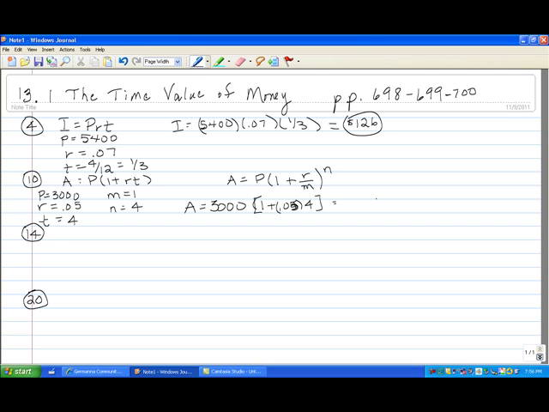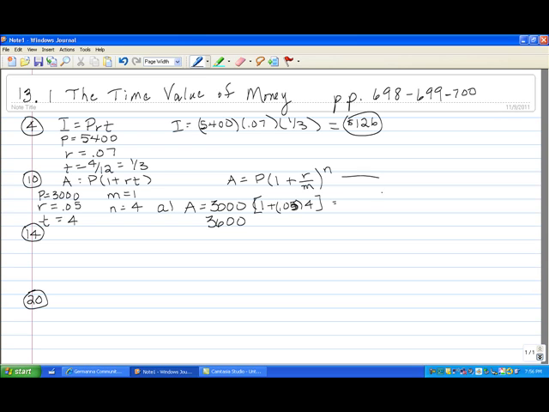Okay, so I'm going to start in the parentheses. 1 plus 0.05 times 4 equals, and then times 3,000. And I get $3,600. That's part A.